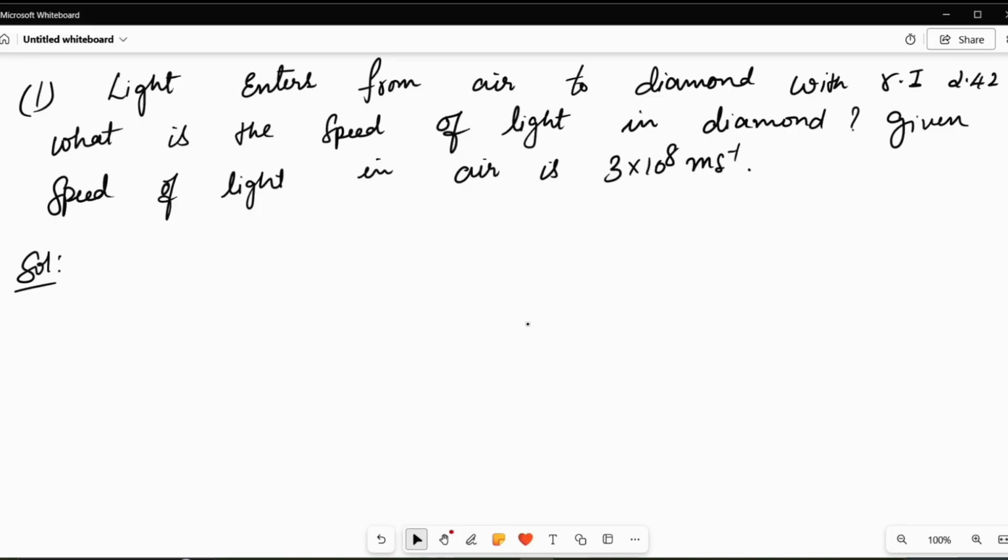Try this. How to calculate here? So light enters from air to diamond with refractive index 2.42. That is the absolute refractive index he has given. And he has given velocity of light in air. So you have to find velocity of light in diamond. Whatever we have done in the theory, it is in that only.